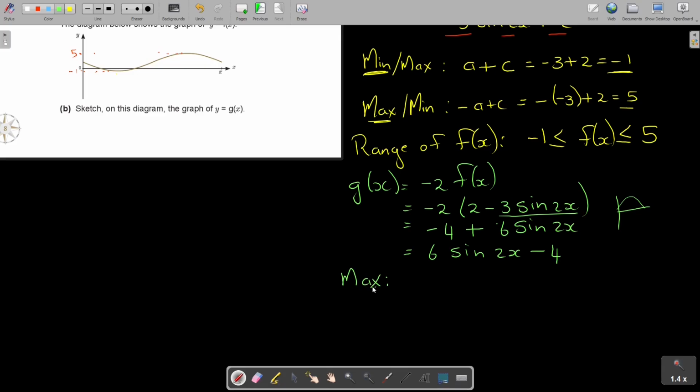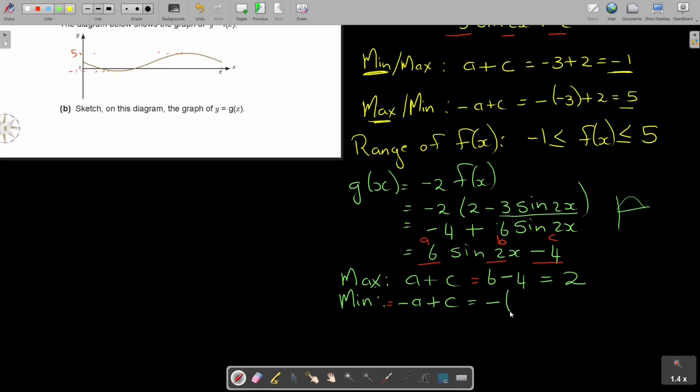So the maximum will be A plus C, and don't forget again that this is A, this is B, and this is C. So if it's A plus C, then it's going to be 6 minus 4, and that maximum is going to be 2.